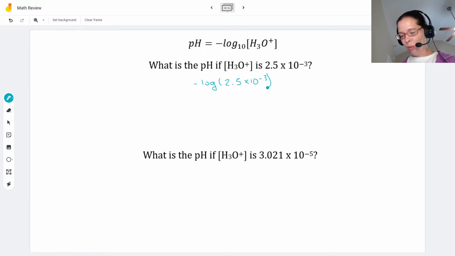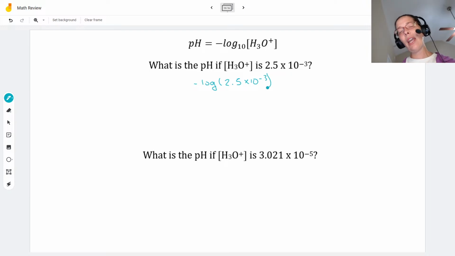So this is 2.5 times 10 to the negative third. I want to make sure that you guys can see this. You see how you get that little e out, and make sure you close your parentheses. That tells the calculator that this is a single number and it's just in scientific notation.